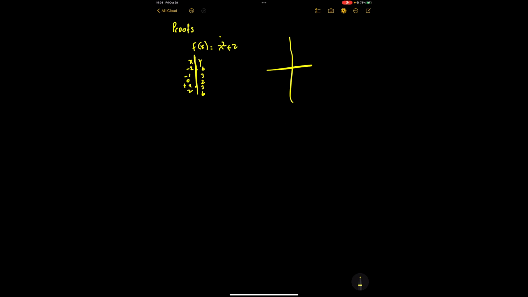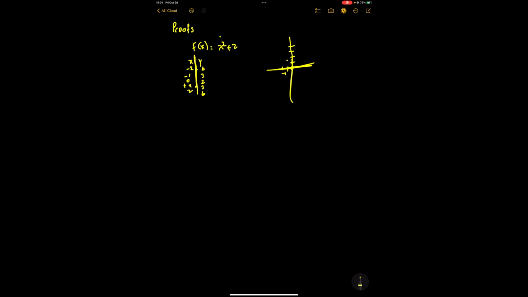So that means at 0, right here, we have 2, 4, 6, 8. At 0, y is going to be equal to 2 right here. At -1, y is equal to 3, so that's 3 right here.